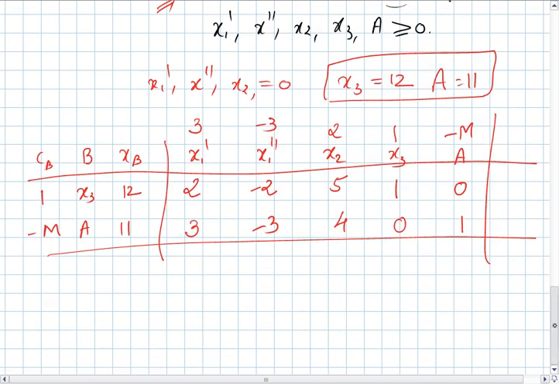So now you have to evaluate Zj. Zj is evaluated in a way that 1 is multiplied with 2 plus -M is multiplied with 3. So 1 times 2 is 2 plus -M times 3, so -3M.